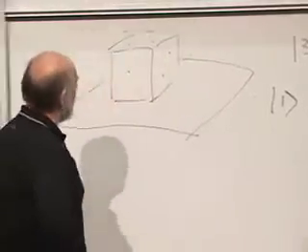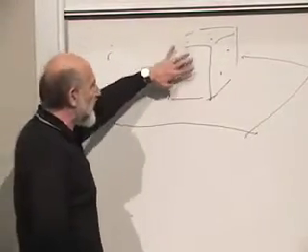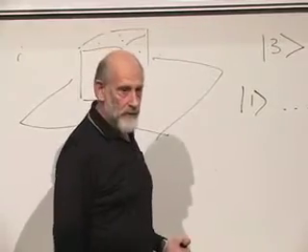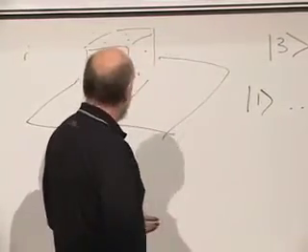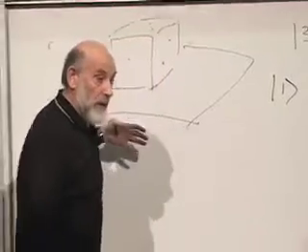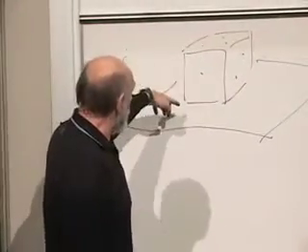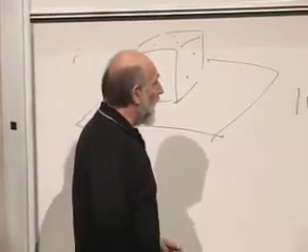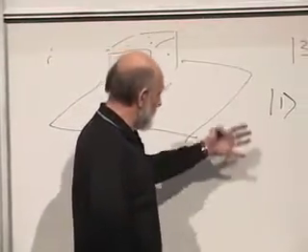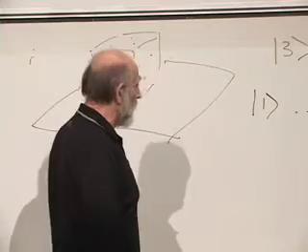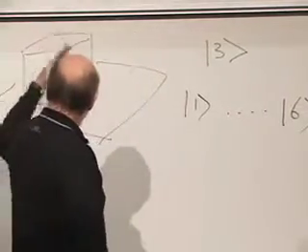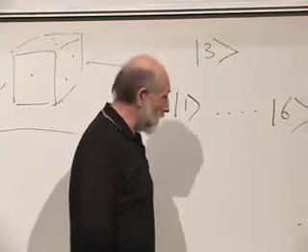In other words, the 6 vectors correspond to the 6 distinct, distinguishable configurations of the die, that you can tell the difference between in a single experiment. Just one experiment, you just look at it and you see which face is up. That determines for you which of the 6 vectors describes the particular configuration.